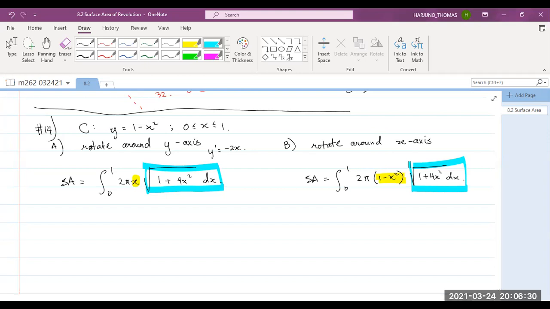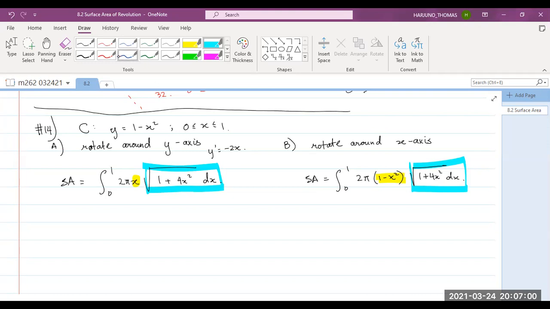And for the x value, my initial thought was to maybe isolate x from y equals 1 minus x squared, but you just leave it as is. Yeah, because your variable of integration is in terms of x, so everything is in terms of x. If it's already x, we are good. If it is y, then use that function. Okay, got it. Thank you.